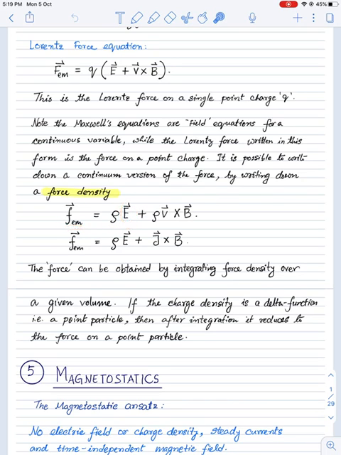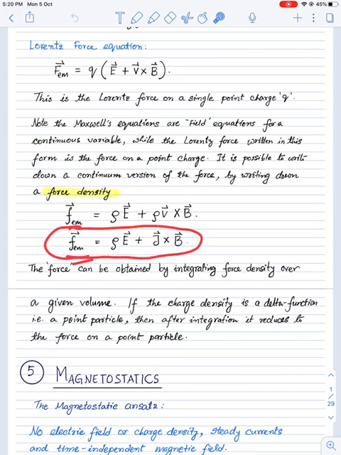All these things are functions of space and time in general, and here we have the charge density times the velocity of every point where the charge density is non-zero. So it's the velocity of every component of the charge density, if you like. And this J cross B is the magnetic force on such moving charge densities. Okay, so this we can compactly write down as charge density times electric field plus current density cross magnetic field, and this is a local expression for the force, if you like.